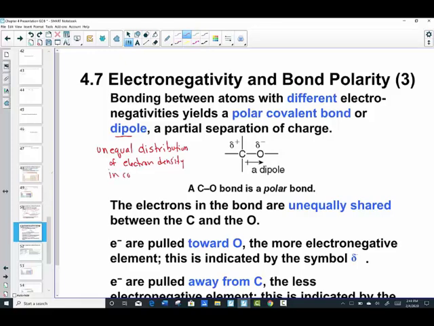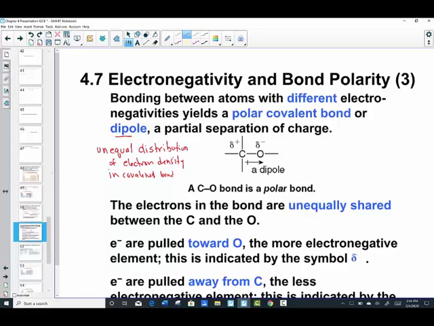In the covalent bond, the more electronegative element is going to pull the electron density towards itself, creating an area that's much more rich in negative charge and an area that is deficient in negative charge.